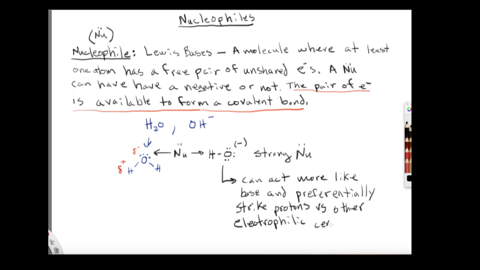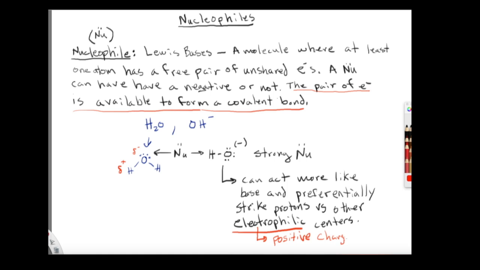Remember from the previous months of our course that an electrophile is a molecule that has a positive charge on it, or a net partial positive charge.